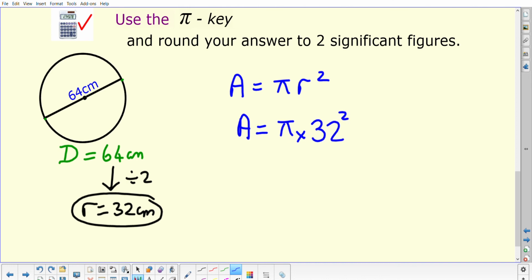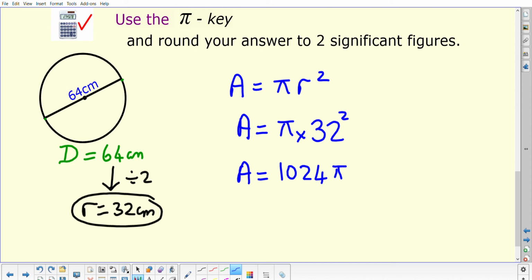You got your calculator. Now this particular one sometimes you get an exact value of pi, which in this case your answer, when you press the equals, will come up like this, 1024 pi. Now sometimes you can just be asked to leave your answer in terms of pi.